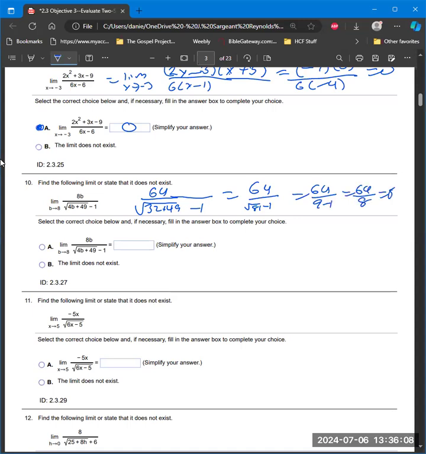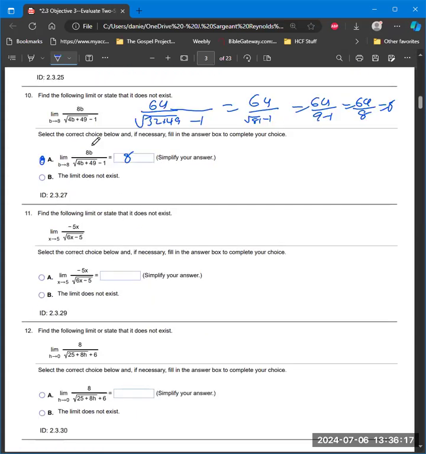Should be 8. I can do that because it's within the domain of the original function.